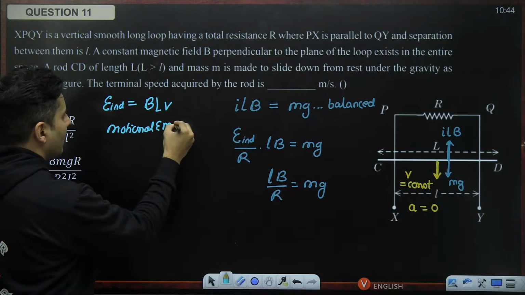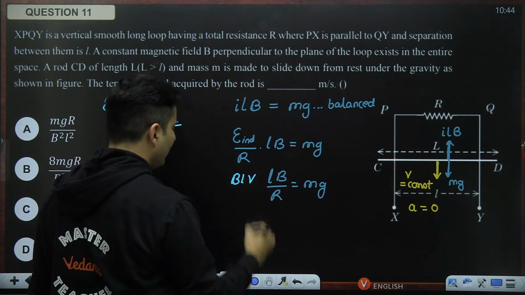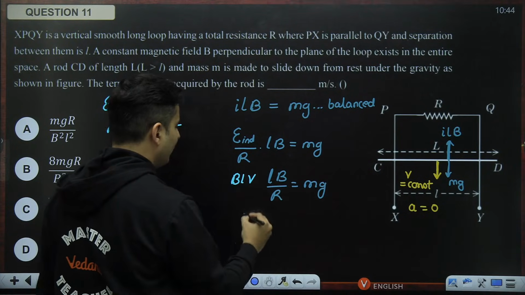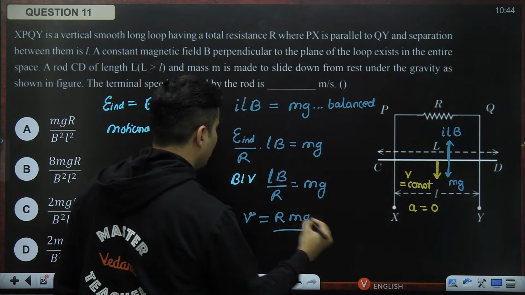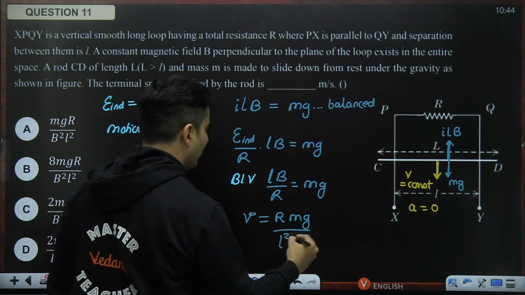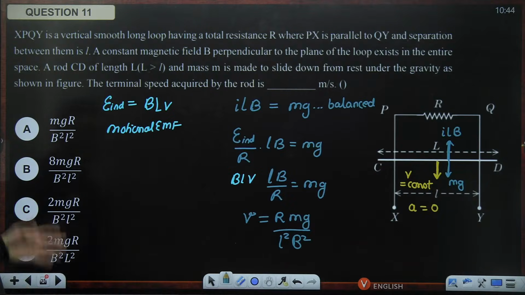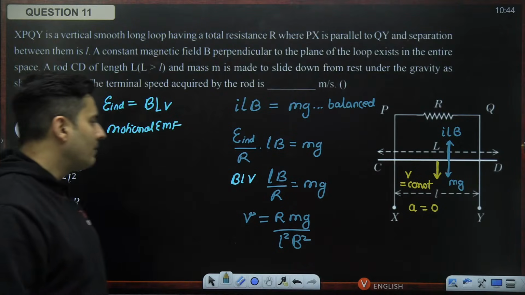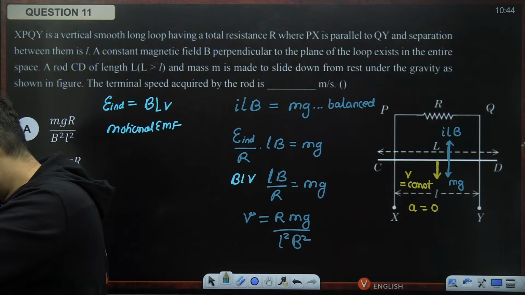So just substitute BLV over here, and from this you will get the value for velocity. R goes on the top, mg also is on the top, and L and B will get squared, so L square, B square. So V equals R mg divided by B square L square. That should be the answer, guys. As simple as that. Fair enough, everyone. Cool. Amazing.